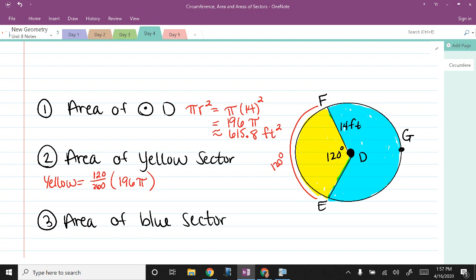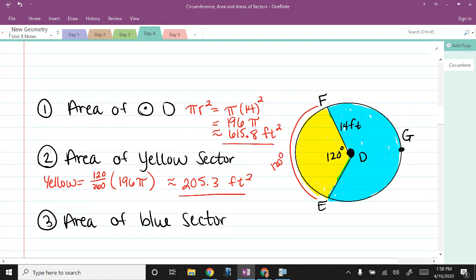All right, so my calculator is going to help me. I'm going to say 120 divided by 360, close my parentheses, and then do 196 times pi, and close my parentheses again, and I'm getting about 205.3 square feet. Now, that yellow sector should not be more than the area of the whole circle, so double check there, okay? The area of the whole entire circle should be larger than any of the sectors.